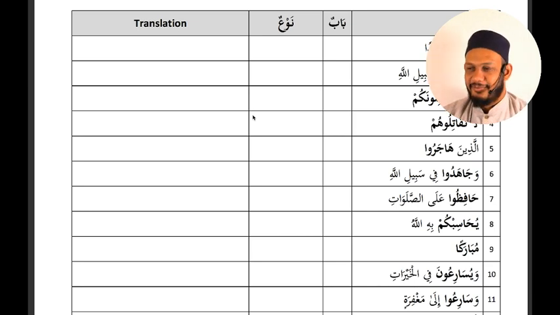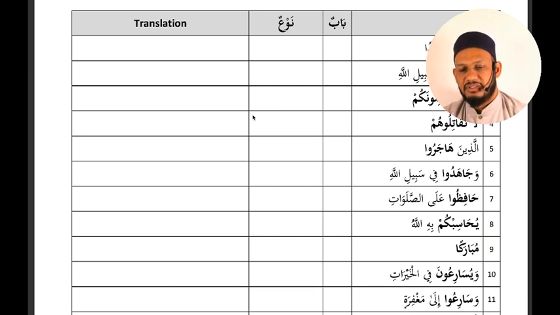It is the fi'lul maadi. Jahadu. If it had to be the amr, it would have been jahidu. The maadi is jahadu. The translation of number 6 is wajahadu, and they strove fi sabilillah, in the path of Allah.